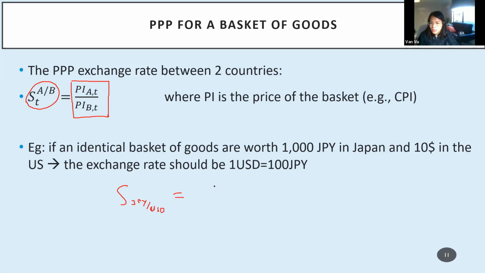I'm going to take the price index in Japan and divide that by the price index in America. Okay, so that will give me 100. So completely the same as before. The only difference is we use an index, so a basket of goods, rather than just one single good.